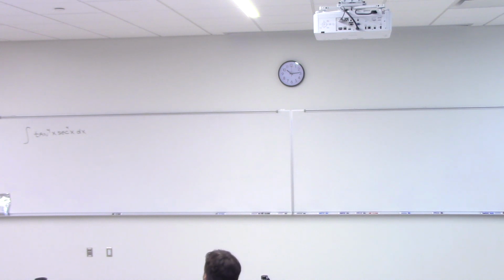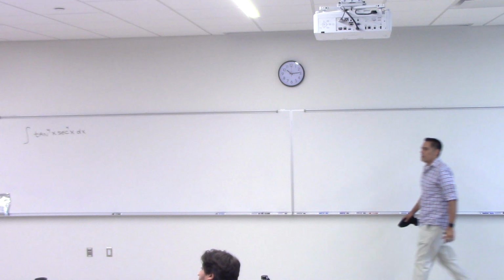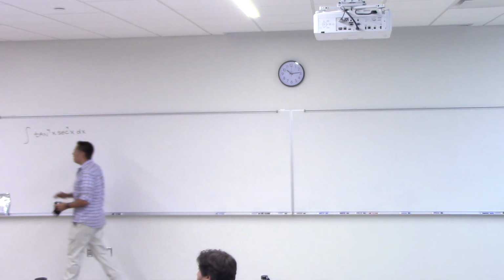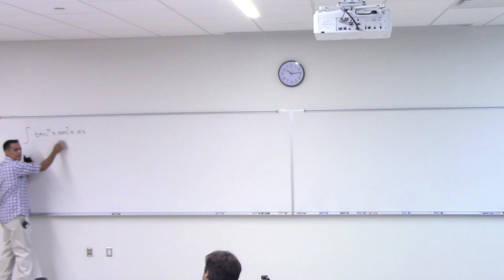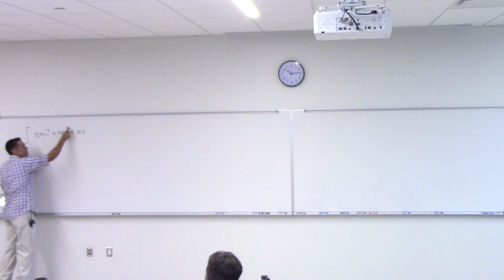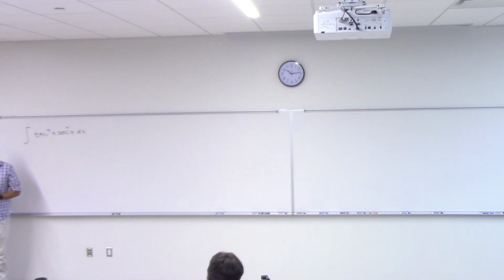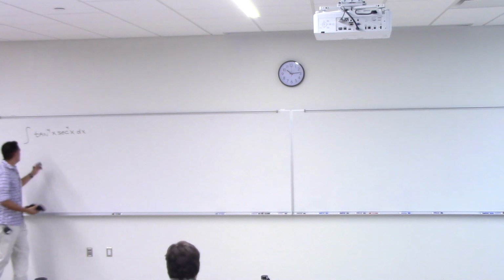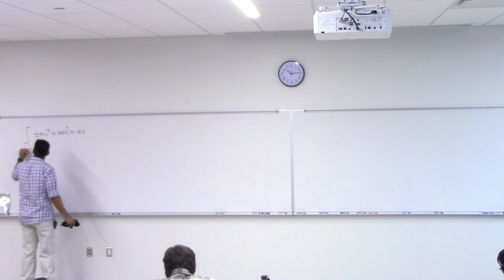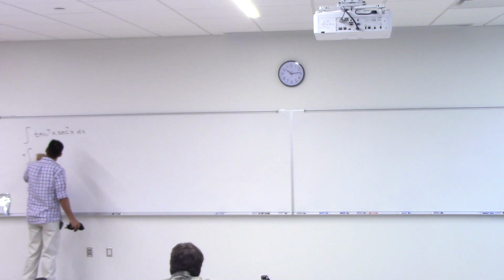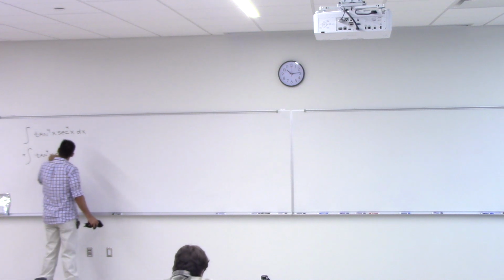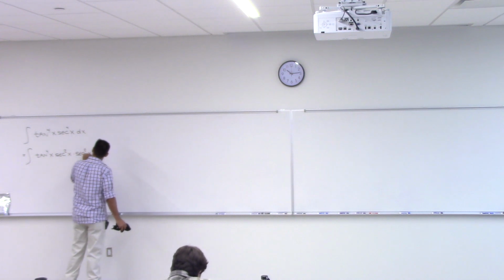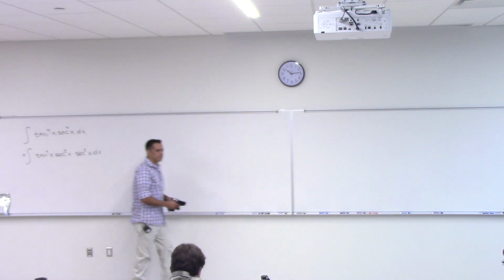What does it say to do? Factor out a secant squared x. It's saying, if you've got tangents and secants together, and your secant has an even power, then you should be able to pull a secant squared out, right? So I'm going to pull out the secant squared x times secant squared x. Just rewriting that.